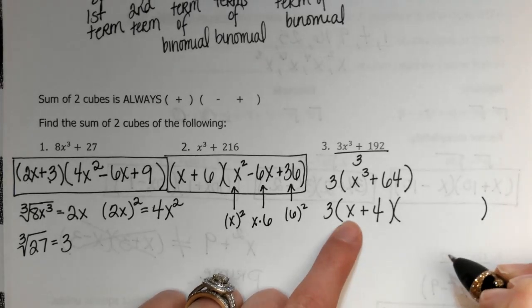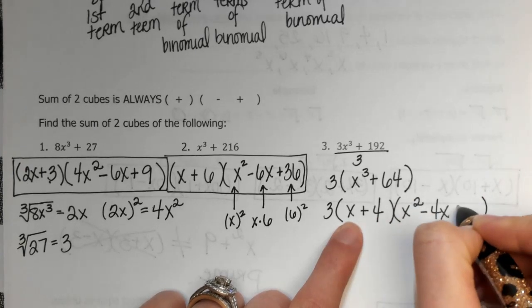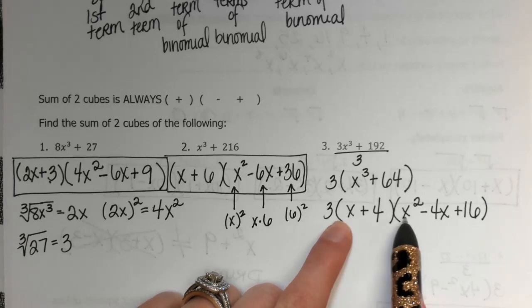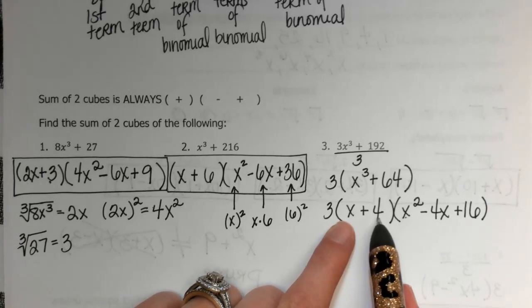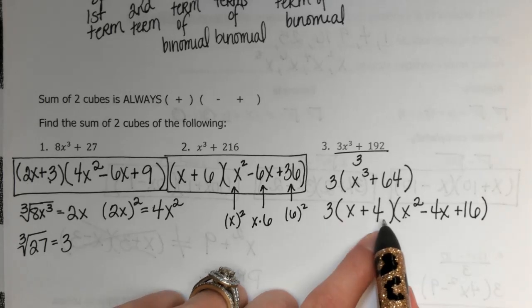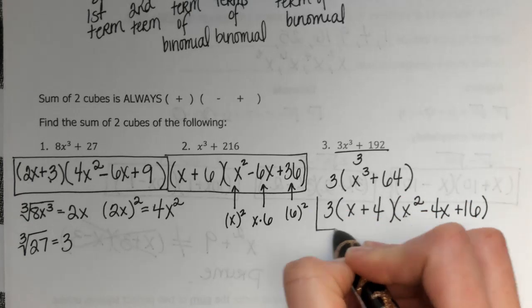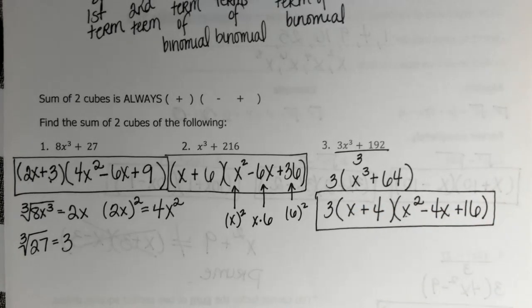Okay. And so x squared minus 4x plus 16. Okay. So took your x and squared it, changed the sign, multiply x and 4 to give you 4x. Then you have plus 4 squared, which is 16. Okay? Make sure you have your GCF out front. That's your final answer.